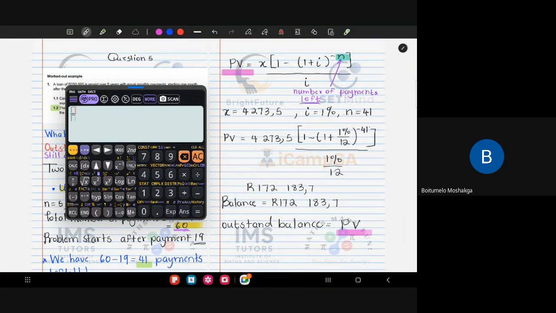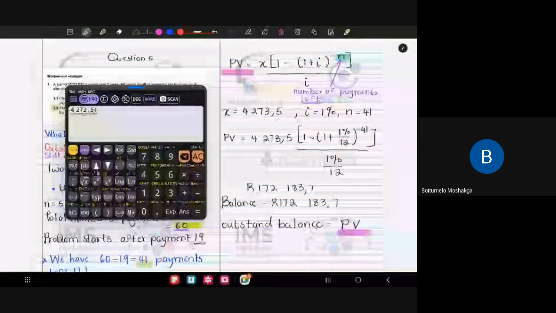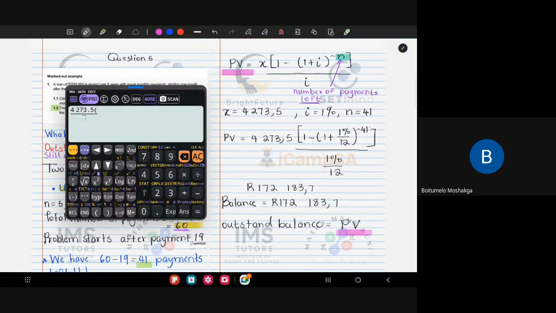So future value annuity: 4,273.5 into 1 minus open bracket. Sorry, 1 minus open bracket. We have 1 plus fraction of 1%. This is all divided by 12. Sorry, why is this thing not doing proper things?